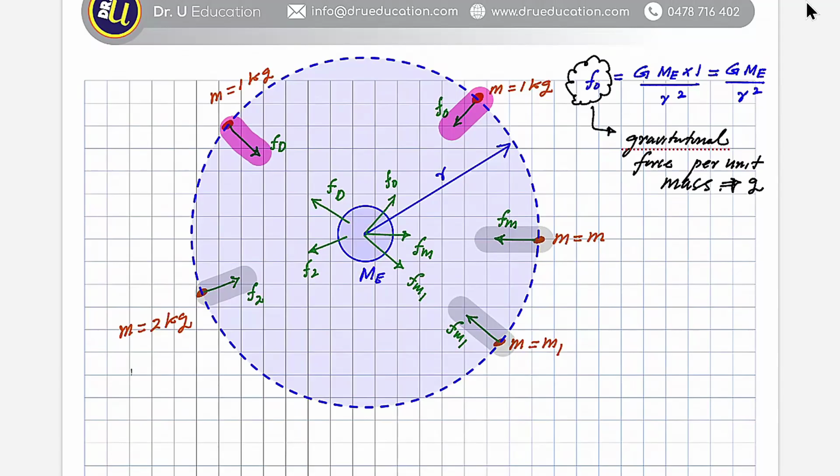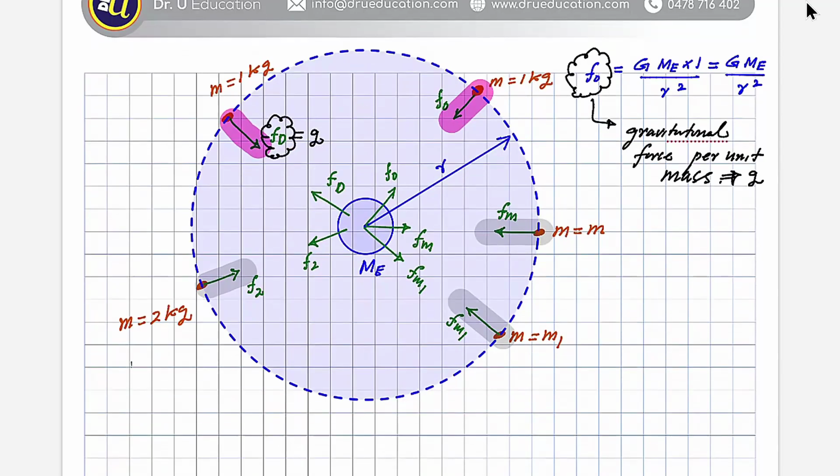Okay? Now, if that is the case, this F0 is also g, isn't it? So that is gravitational force per unit mass, right?